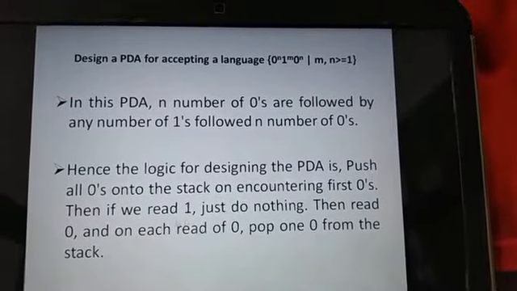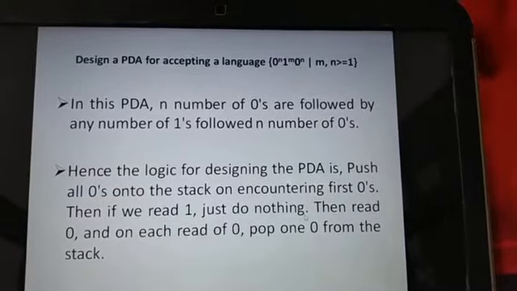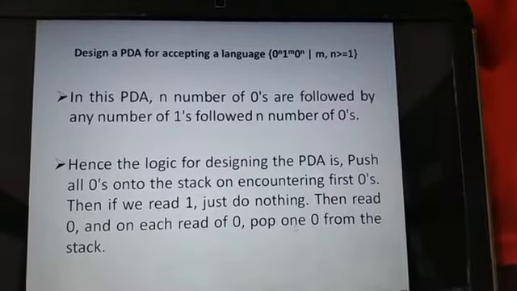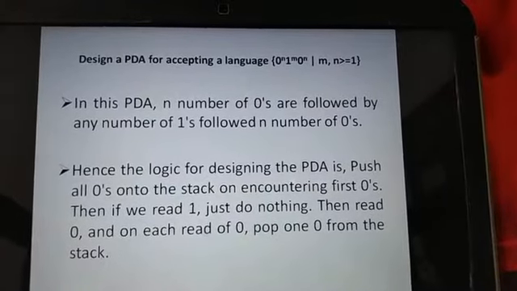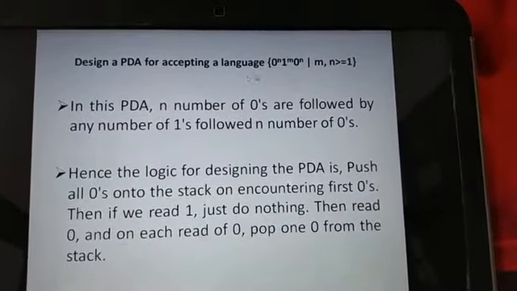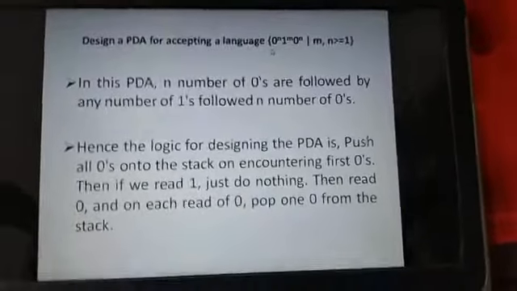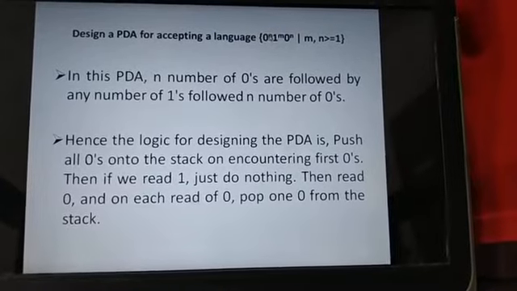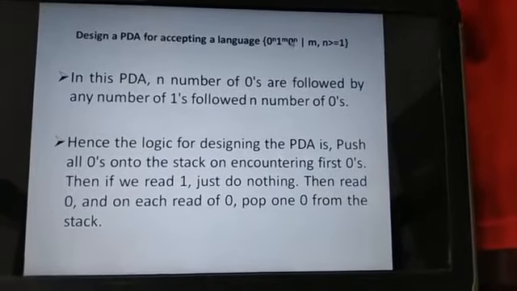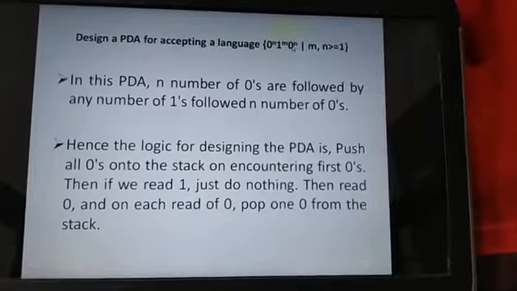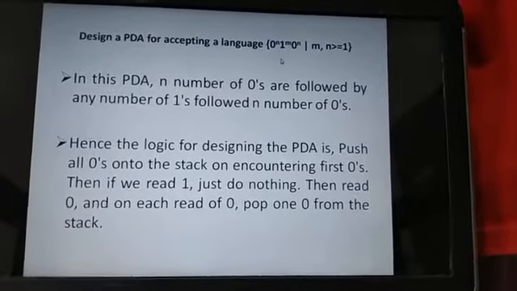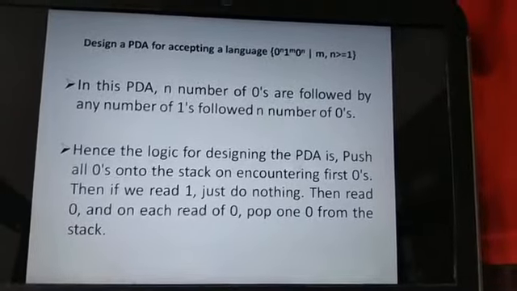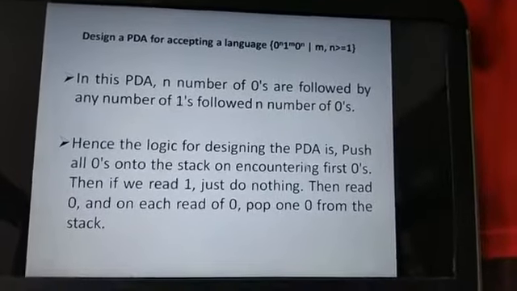Then if we read 1, just do nothing. Then read 0, and on each read of 0, pop one 0 from the stack. In short, the first zeros are pushed into the stack, and for the last zeros, after encountering each 0, we pop one 0 from the stack. So at last we reach the empty stack.